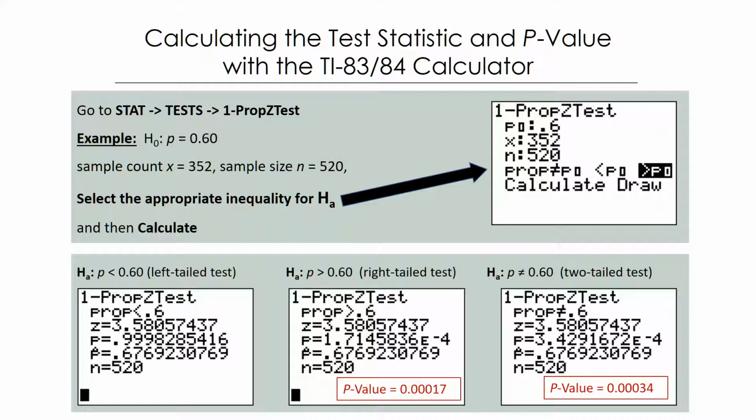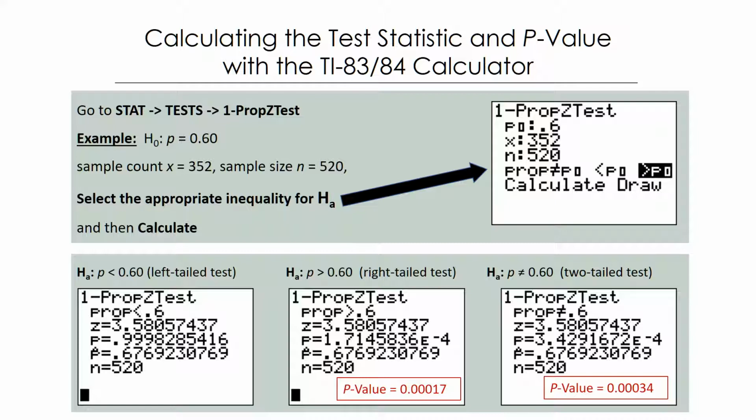If the sample count is x equal 352, that's what we put in for x, and then sample size being 520, you just put that in for n, and then you need to select the appropriate inequality for the alternate hypothesis, either not equal, that the proportion is not equal to p sub 0, or that the proportion is less than p sub 0, or that the proportion is greater than p sub 0. And then you go to calculate.